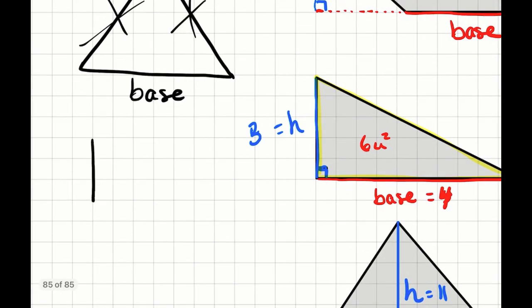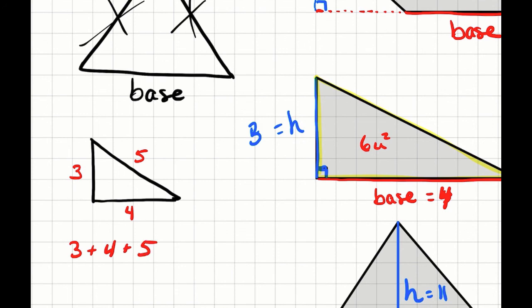So if I had a triangle that was 3 and 4, like so, where I had 3, 4, happens to be 5 over here, I would just add 3 plus 4 plus 5, which is 12, in order to get the perimeter of that particular shape. So again, perimeter is not that hard. You're just adding up all of the sides.